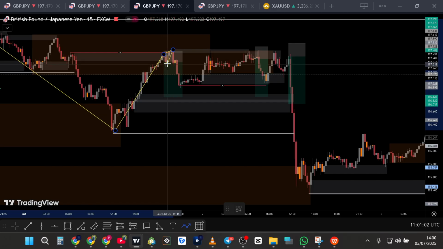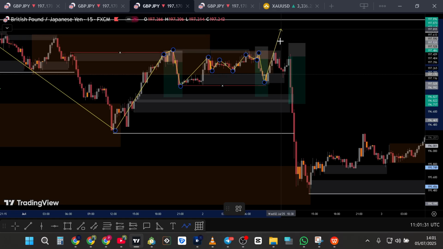So we had a change of character here, and then also another relative flip. And then we had another range around here. From there, I took this trade to the downside. I think I had some heavy partials here before continuing with the trend, because I felt that maybe this demand would hold and continue pushing price to the upside.